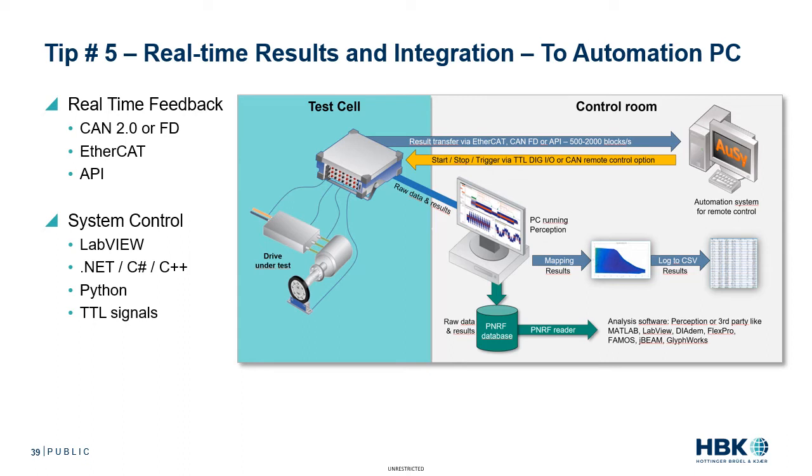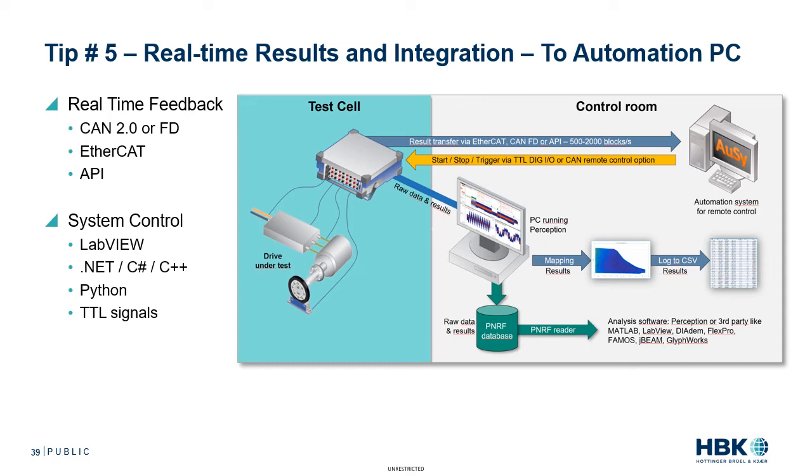Now in this picture, in this example, we've got real-time feedback or results provided from the power analyzer in the test cell to the control system or the automation system via CAN 2.0 or CAN-FD, EtherCAT, or API, providing anywhere from 500 up to 2,000 blocks of information per second.